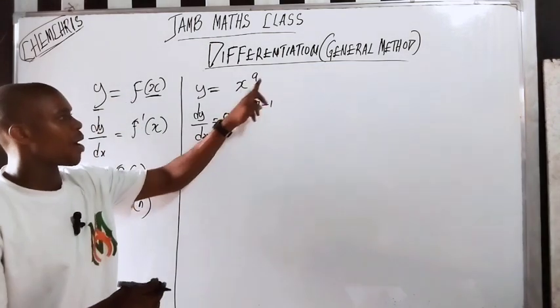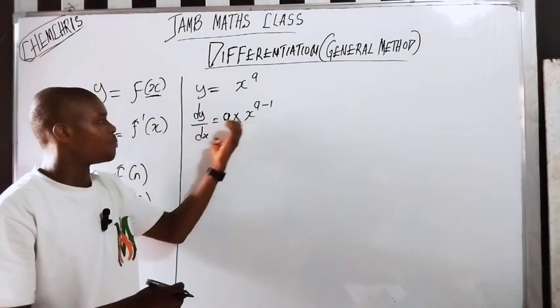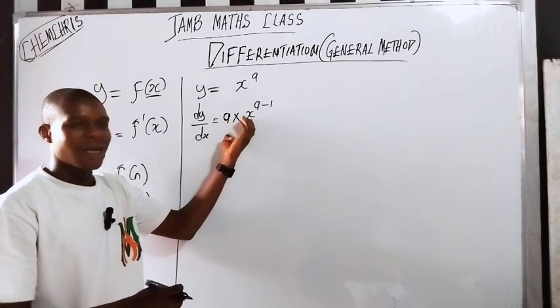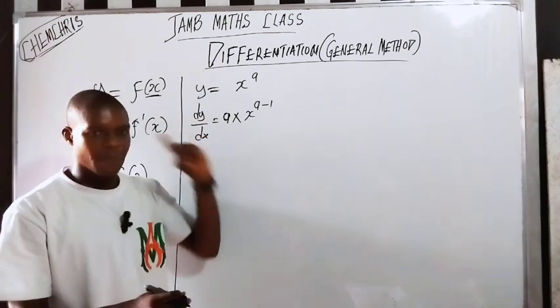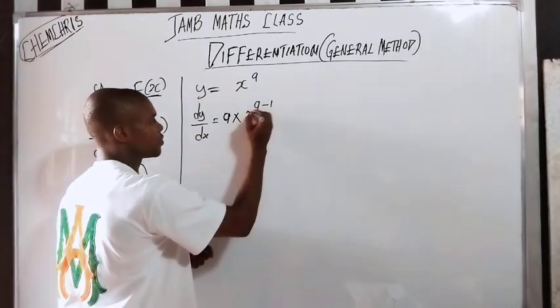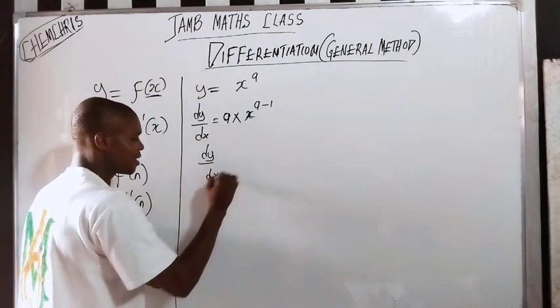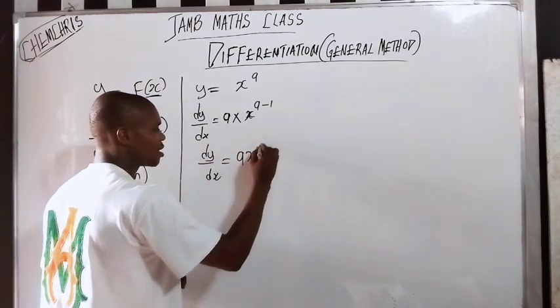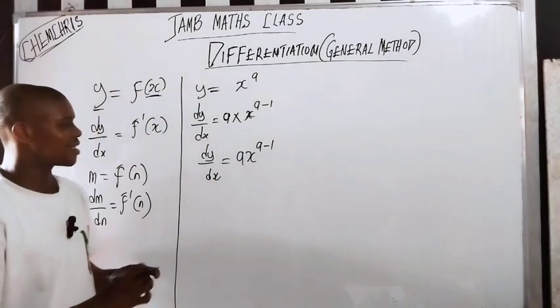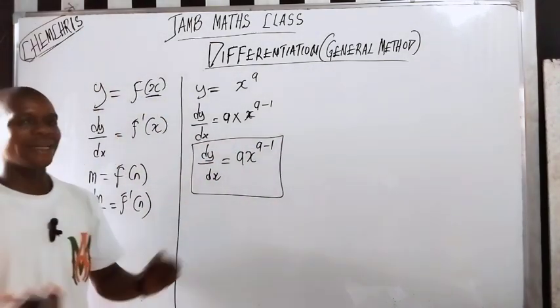The power is very important: to differentiate, you multiply by the power and subtract 1 from the power. So dy/dx equals a x^(a-1). This is the general formula, and with this one you can solve anything at all.